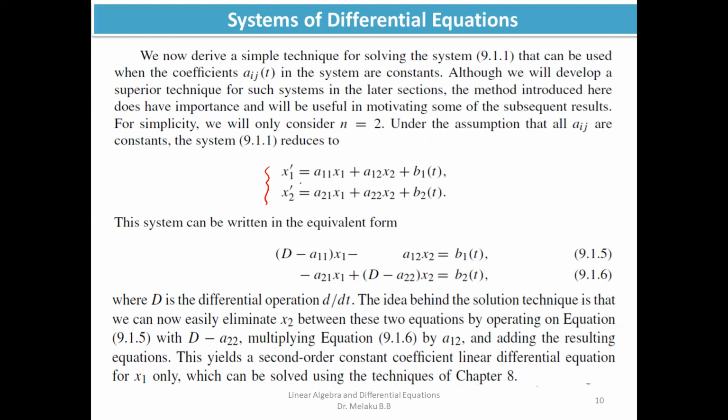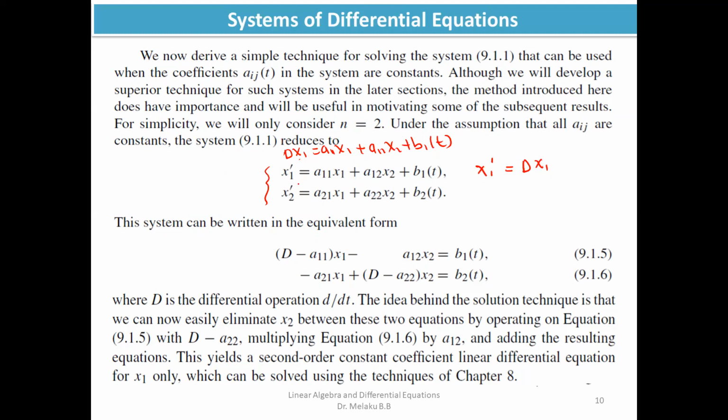So what we have to do is, because this one is x1 bar, if you write this as an operator, this is D times x1. So this is D times x1, which is equal to a11 x1 plus a12 x2 plus b1(t). If you write the derivatives in terms of operators, it will be all easy.